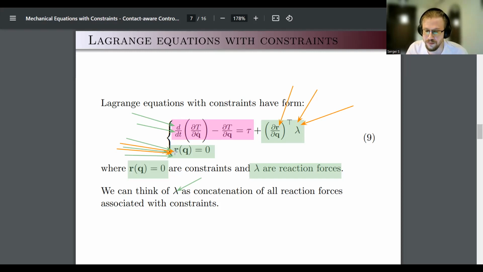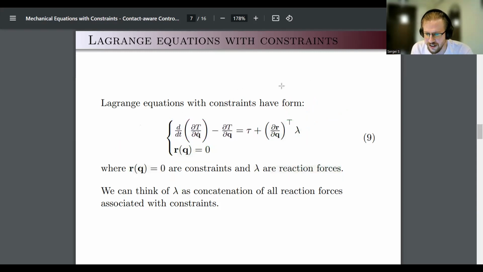So again, this green part is a generalized force, which is generated by a reaction force. You can think of it as a Cartesian reaction force that actually makes sure that the constraint is satisfied. All right, so this is how it works. And what is especially interesting here is that for it to work, you see what happens here?